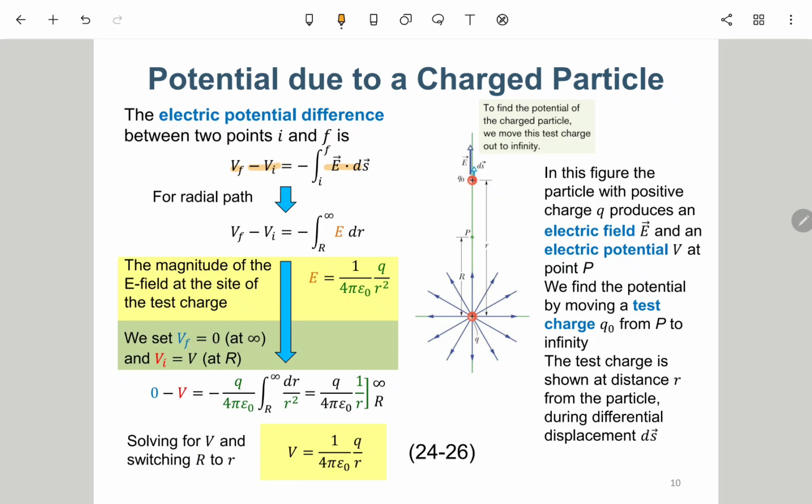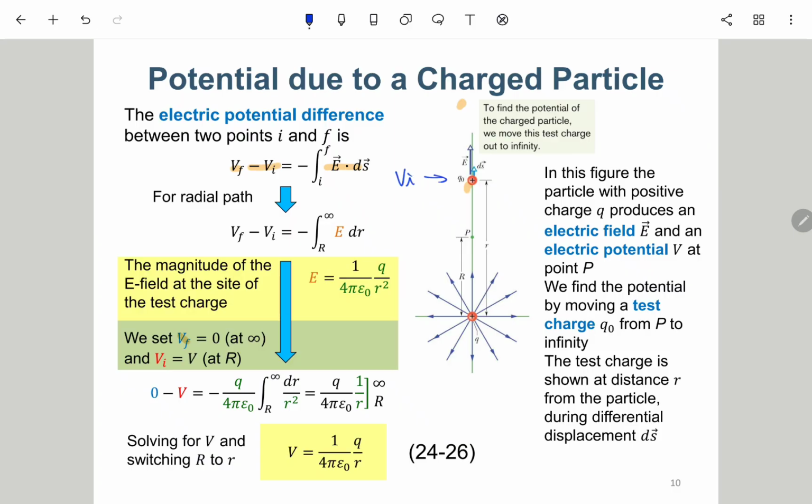Here we consider Vf, the final point, at infinitely far away. And Vi is at this point.